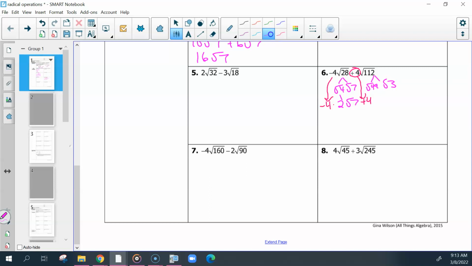Square root of 49 is 7 times the square root of 3. So this would be an example. So then we can multiply everything together. Negative 8 times the square root of 7 plus 28 times the square root of 3.